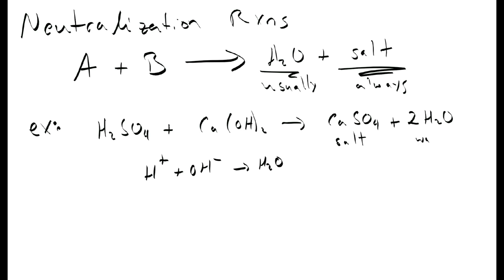Okay, so there's water. Now, like I said, you don't always get water. For example, hydrochloric acid plus ammonia, that's a strong acid and a weak base. That's going to make NH4Cl, ammonium chloride. That's it, no water.